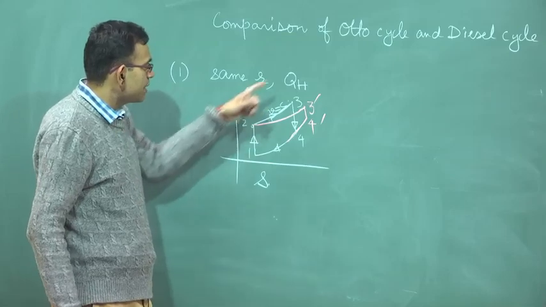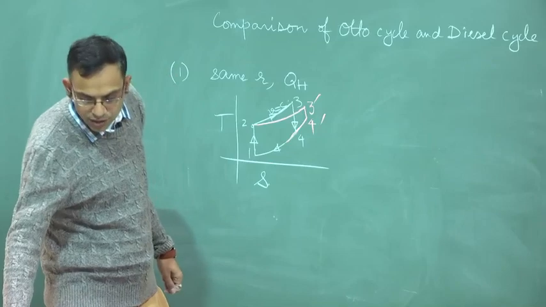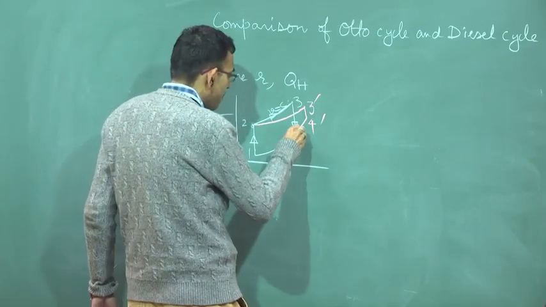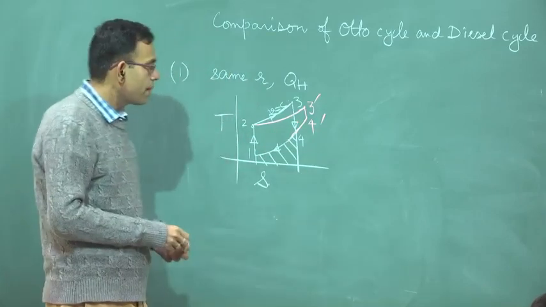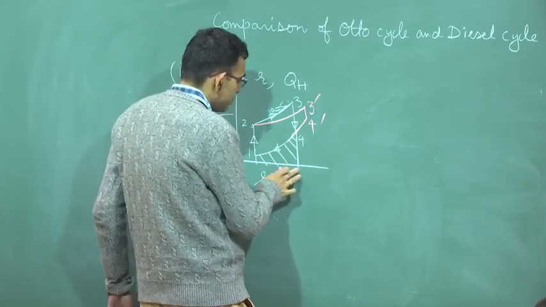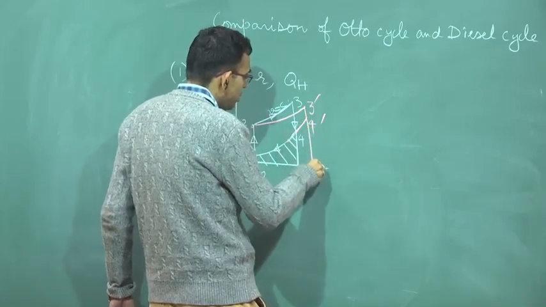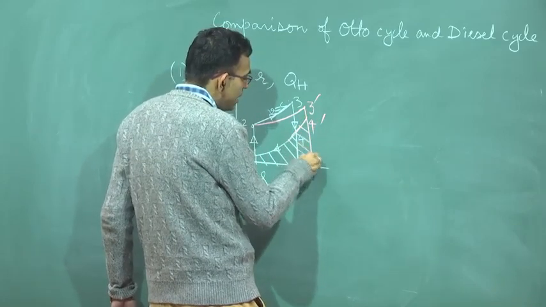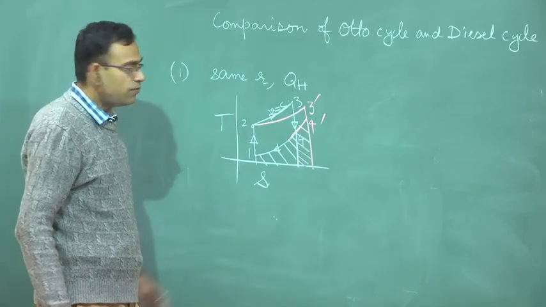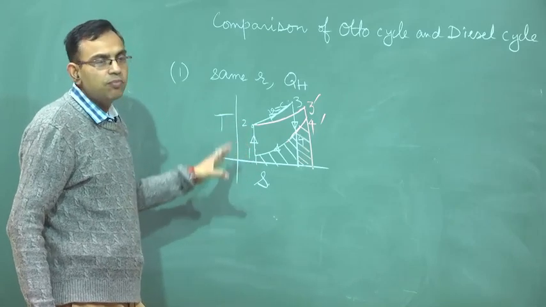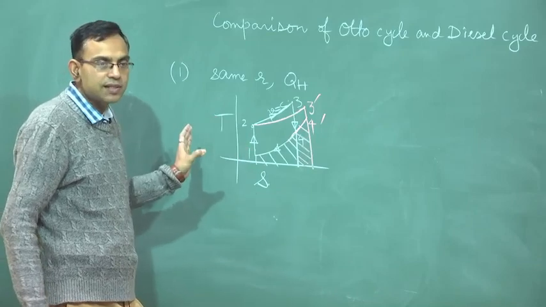Then you see for the same QH which is having more QL, for the Otto cycle this is the QL, and for the diesel cycle you have this additional QL, right. So, for same QH you have more QL for the diesel cycle, that means its efficiency is less.